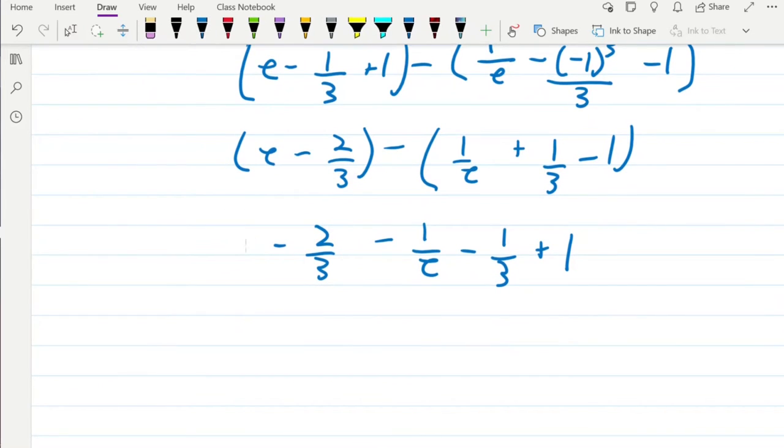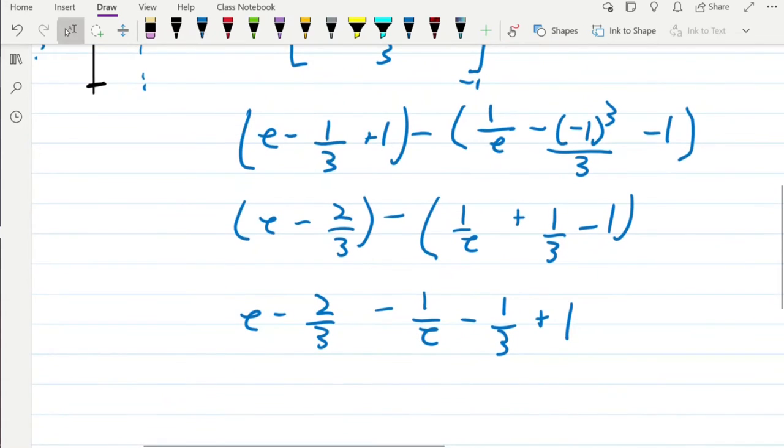Okay, let me see where I messed up. So this is e minus 1 over 3 plus 1, minus 1 over e plus 1/3 minus 1.